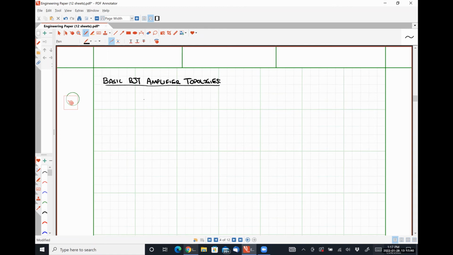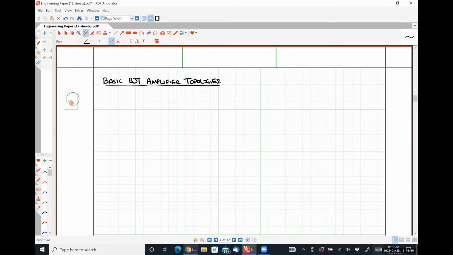Now, what I'm about to draw is a very, very simplified version. So this is not remotely what the actual common emitter, or in a couple of minutes, common collector or common base amplifiers look like. This is just going to serve as our jumping off point for figuring out how these things work, and we're going to work our way towards the amplifier with the full bias network and see what the effects the biasing network have on the amplifier itself.